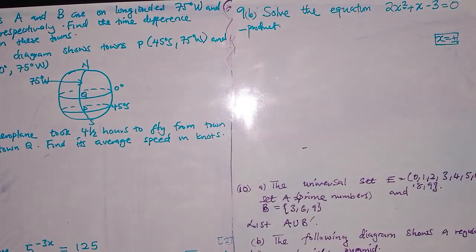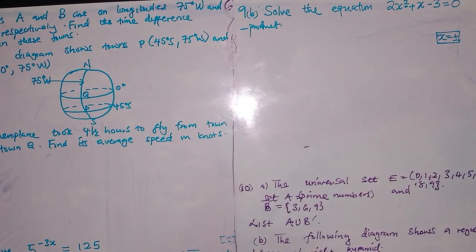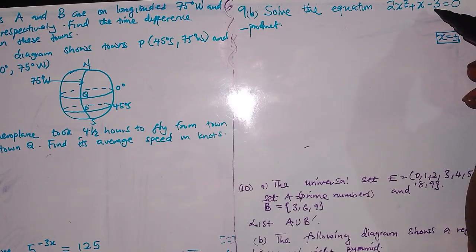The product is two numbers that can give us 6 if we multiply them. So where is 6 coming from?